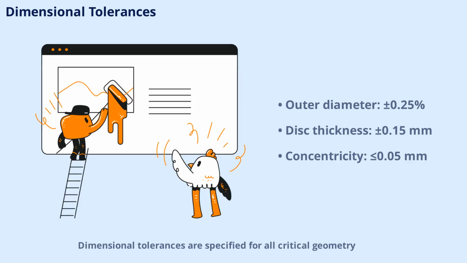Dimensional tolerances are specified for all critical geometry, including outer and inner diameters, disk thickness, and toroidal radius. Fit classes, flatness, concentricity, and symmetry requirements are rigorously defined, ensuring that each component meets the highest standards of aerospace engineering.